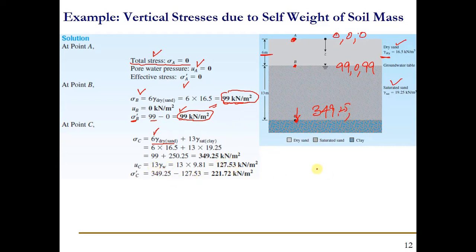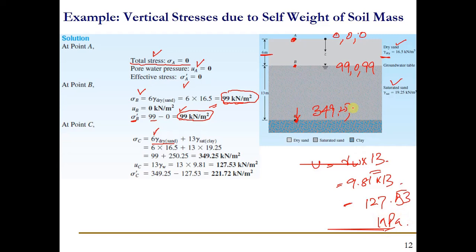As we already know that pore water pressure is equal to gamma W, the unit weight of the water, into that depth, 9.81 multiplied by 13 will give us 127.53 kPa. So we can write that 127.53 kilopascal.